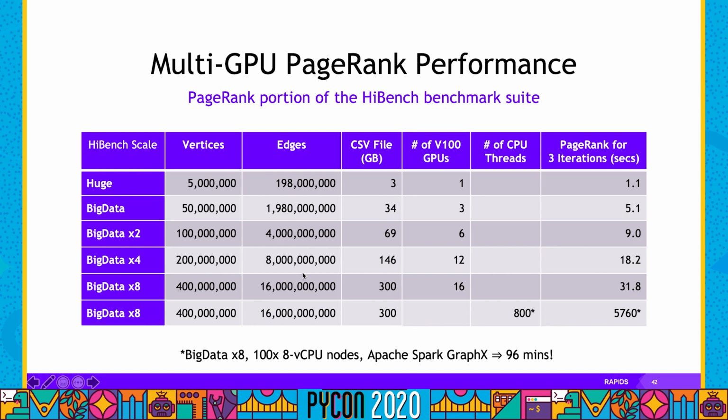If you look at the same data set, we used 800 CPU threads. This is 108 vCPU nodes using Apache Spark GraphX. This took us around 96 minutes. So 31.8 seconds versus 96 minutes, on a 16 billion edge graph.